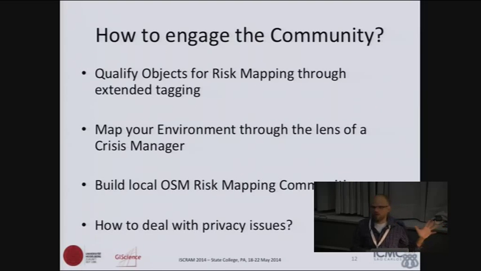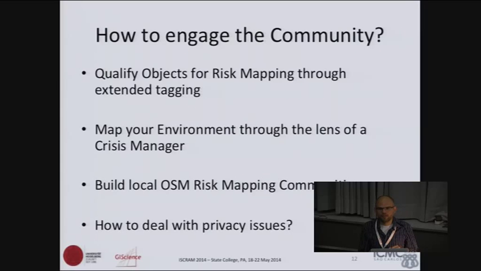And one very important question that is not solved, but we have to deal with, is privacy issues. Especially here in Germany, where people are very privacy aware, so to say, right? There is an awareness about privacy, and privacy concerns are very present.